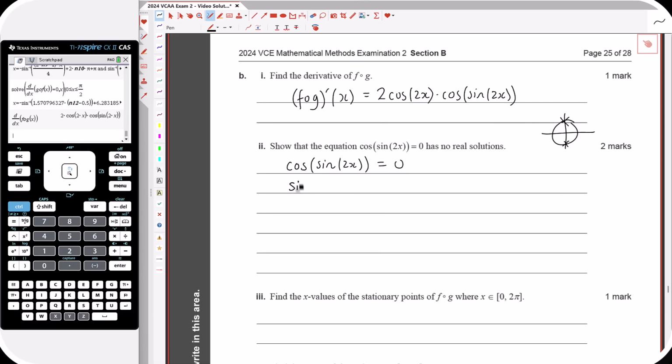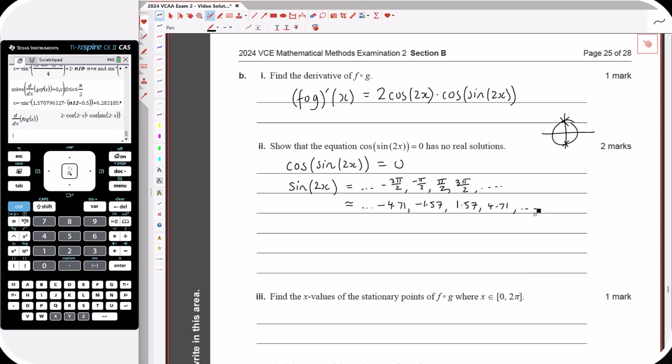So that would mean this would only be possible if the thing inside the cos equals -3 pi on 2, or -pi on 2, or pi on 2, or 3 pi on 2, etc. And as decimals, these are -4.71, -1.57, 1.57, 4.71, etc. Okay, so one of the problems is that sine of 2x has to equal something between -1 and 1.